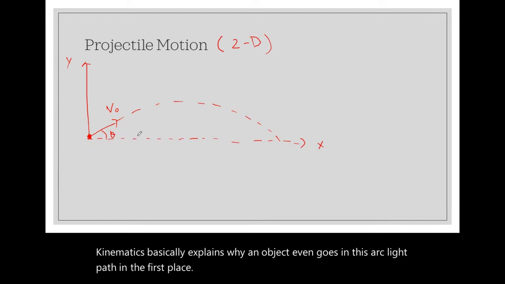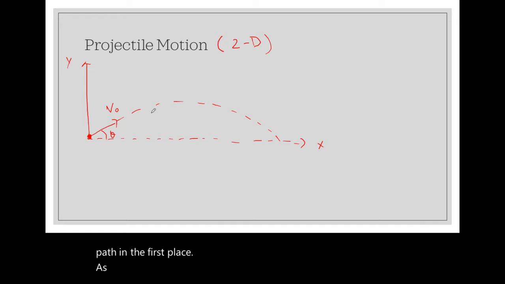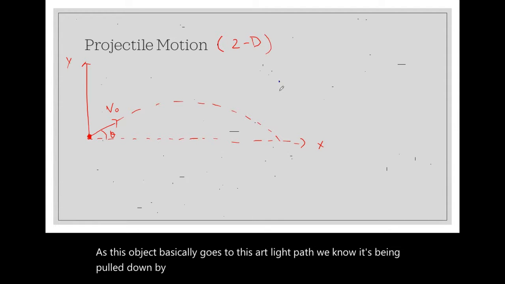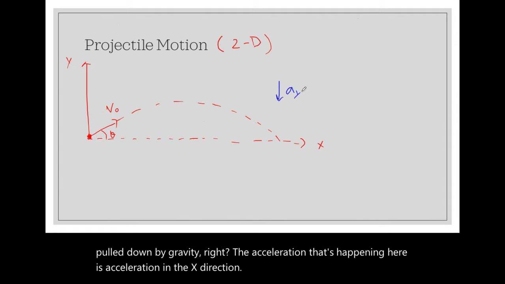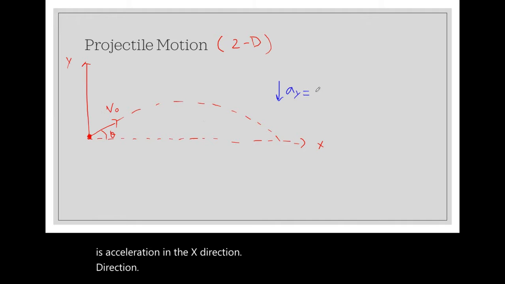As this object goes through this arc-like path, we know it's being pulled down by gravity, right? The only acceleration that's happening here is the acceleration in the y direction, which is equal to negative 9.8.